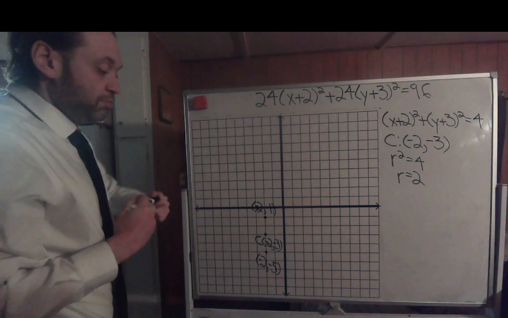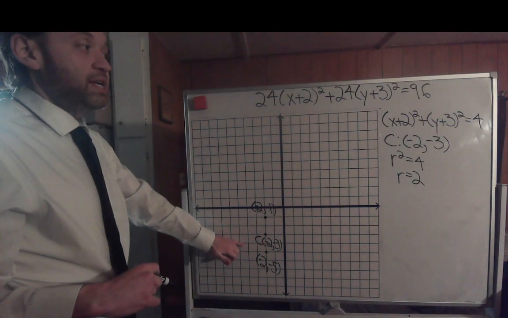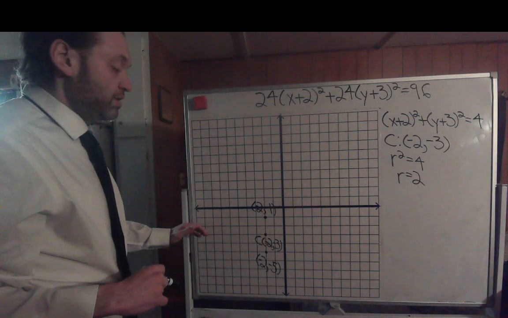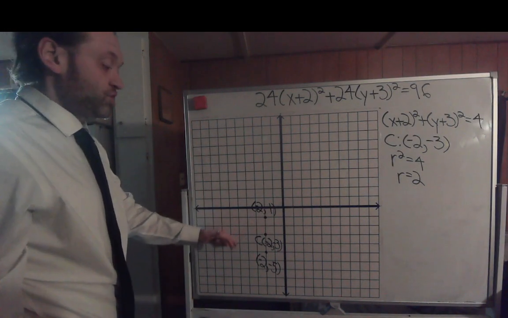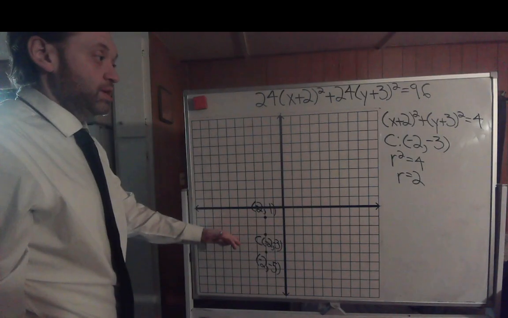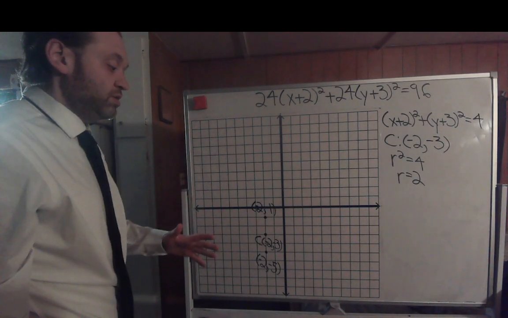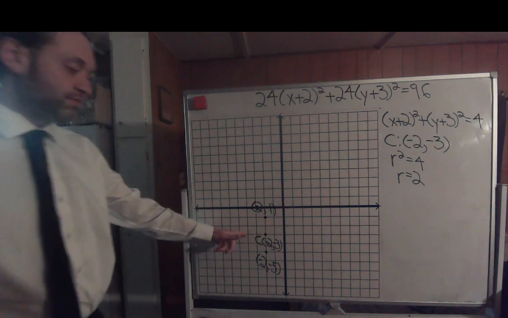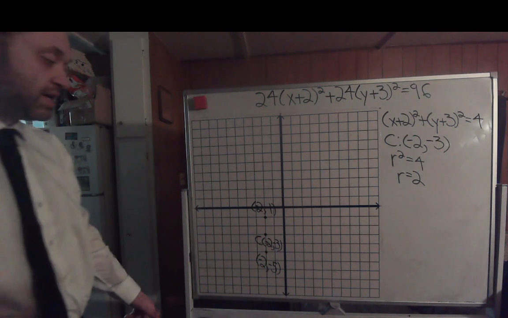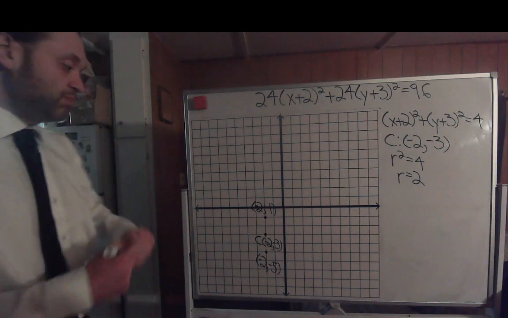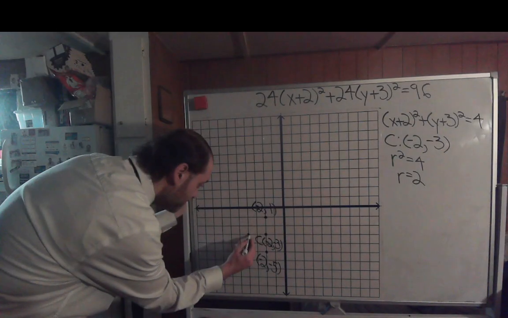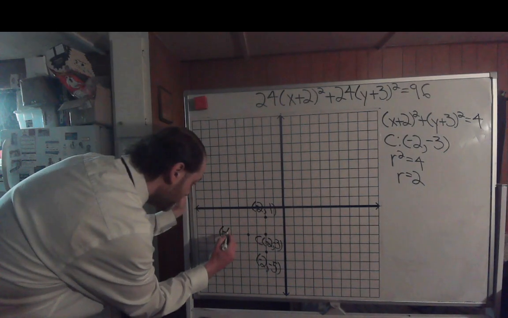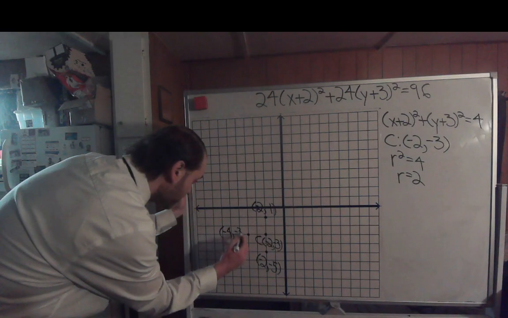So I've gone above and below the center. Now we need to go to the right and left of the center. If I'm going to the right and left, this time I'm affecting the x direction and leaving the y direction alone. If I go to the left from the center 2 units, negative 2 minus 2 would be negative 4, so the point (negative 4, negative 3).